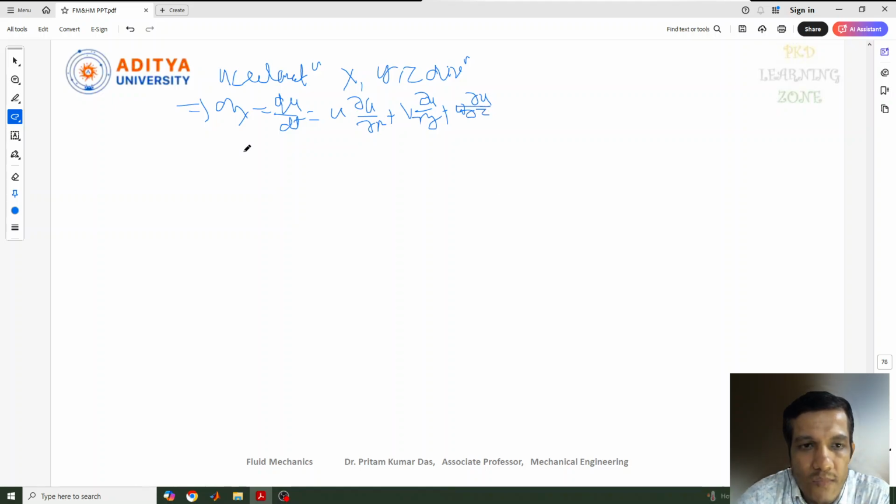Similarly ay, the acceleration in the y direction, dv by dt equals u del v by del x plus v del v by del y plus w del v by del z.